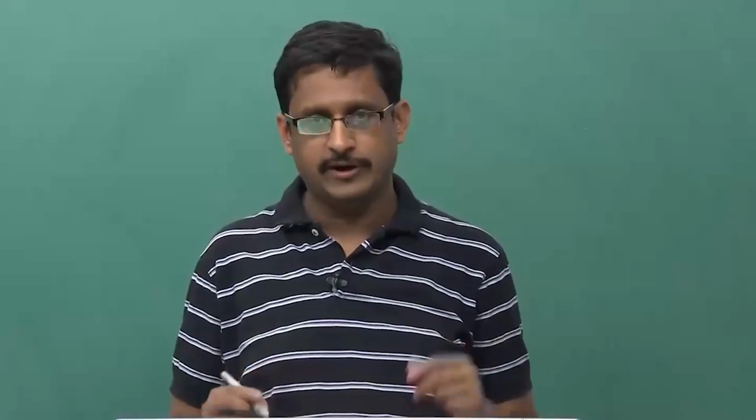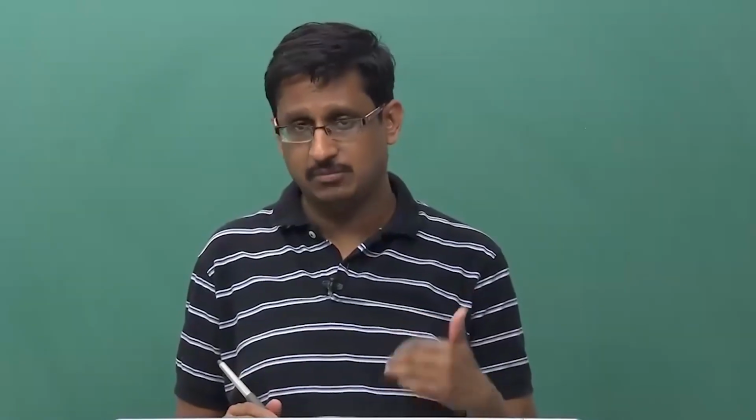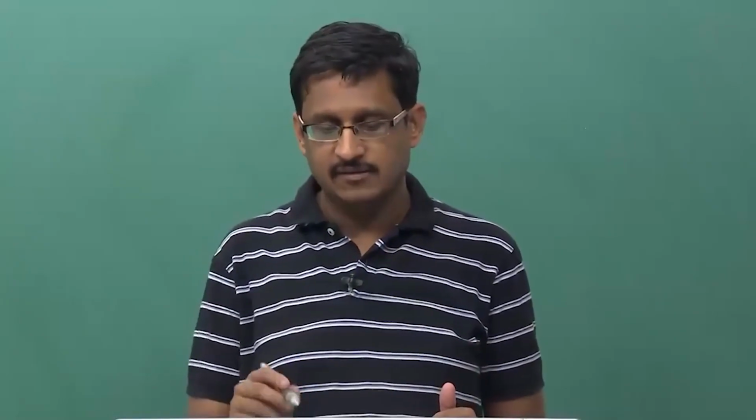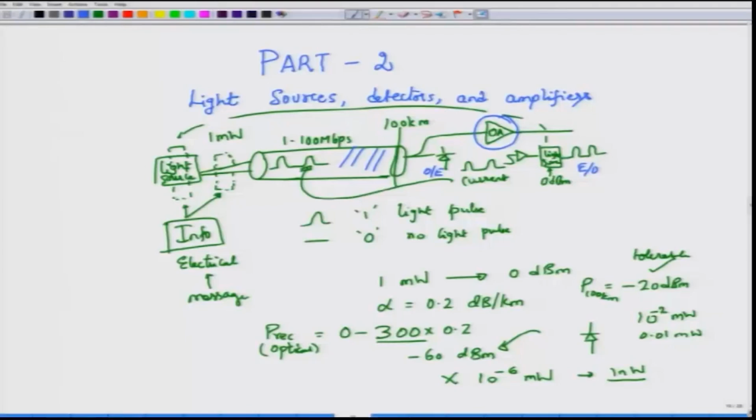So, this O to E and E to O conversion would work out only for low data rates, because the electronics could only process things like about 1 to 10 or 1 to 100 Mbps. If the data rate became higher, say more than 10 gigabits per second, as is currently the data rates, then this O to E, E to O conversion does not really make sense, because electronics is not fast enough to process optical signals at such high data rate.